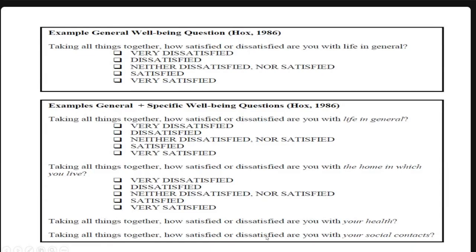Now if your research question or research objectives largely dwell on well-being, you may know that the term is multidimensional, right? It talks about the quality of life, but the quality of life can be decided by many factors.